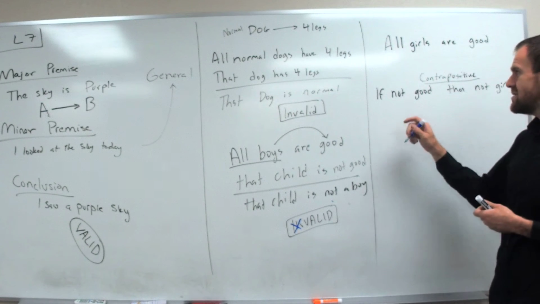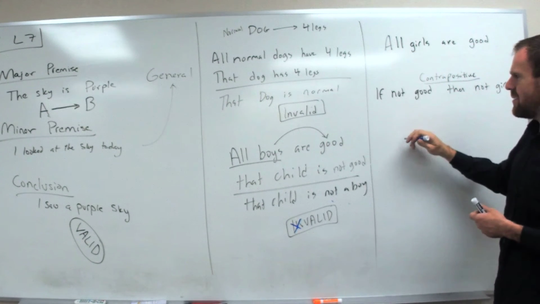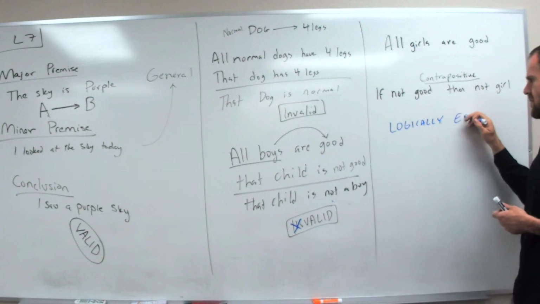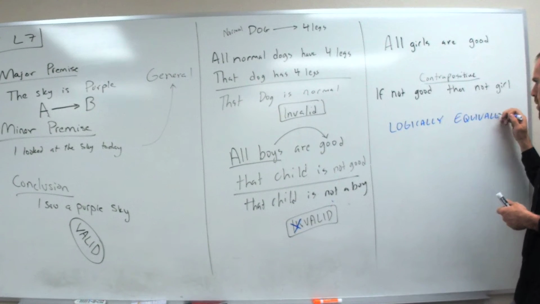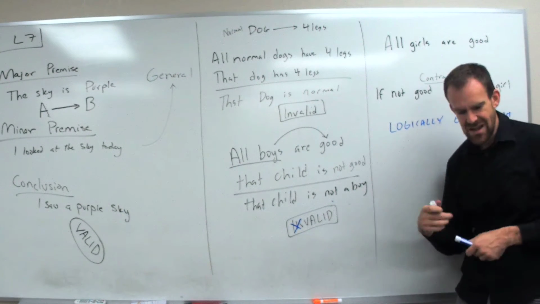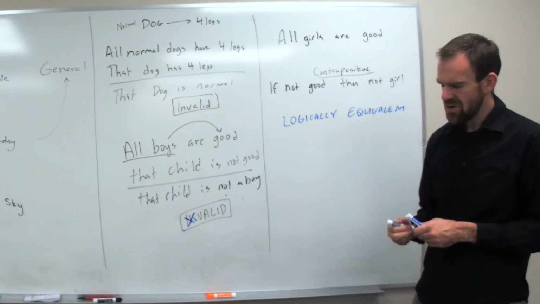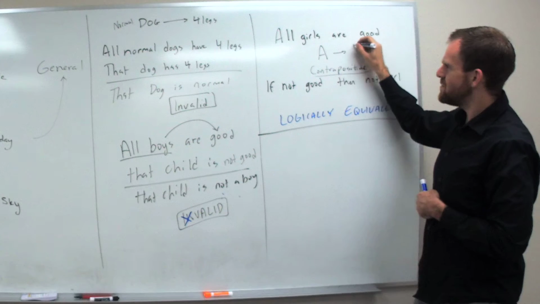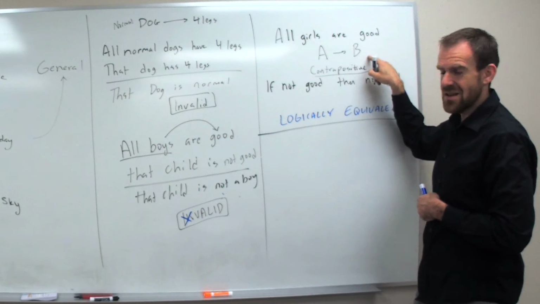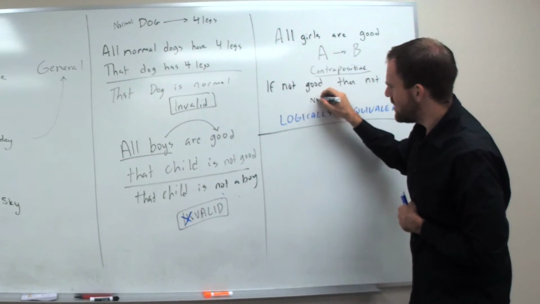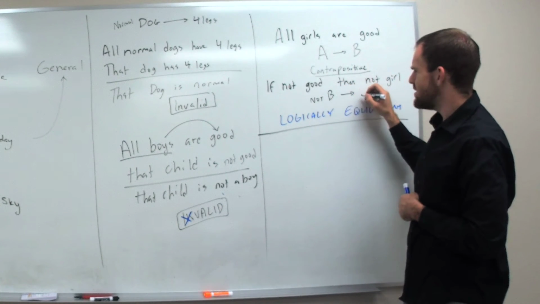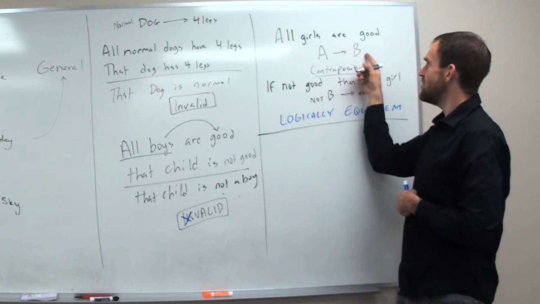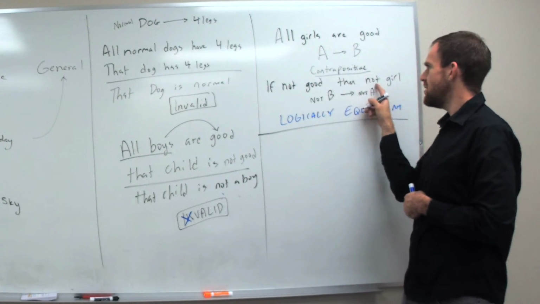Because the contrapositive and the original statement are logically equivalent. That means that they're saying the same thing. Okay? I'm going to move over a little bit. So, if my original statement is A implies B, or if A, then B is going to happen, the contrapositive says not B implies not A. So if not good, right, B was good, not good, then not girl.